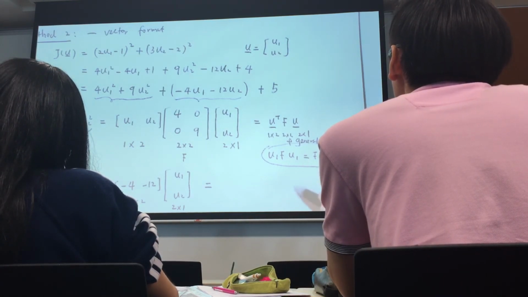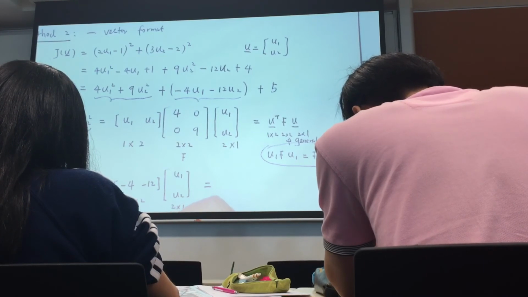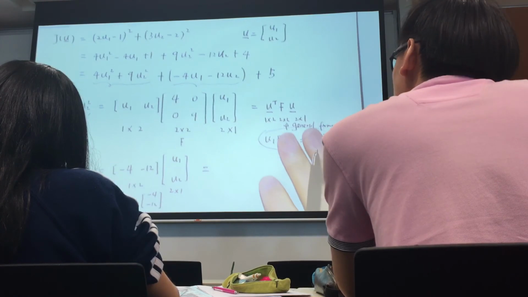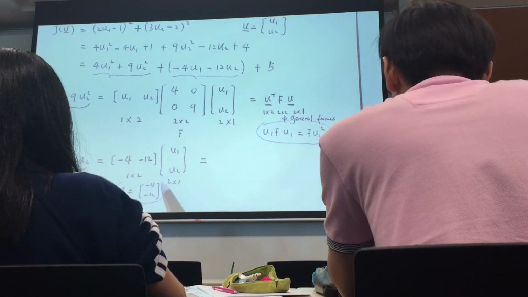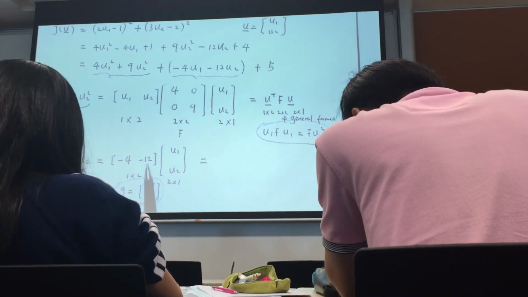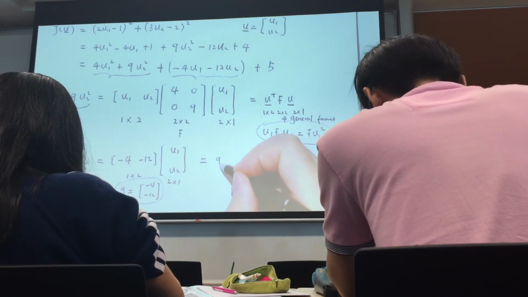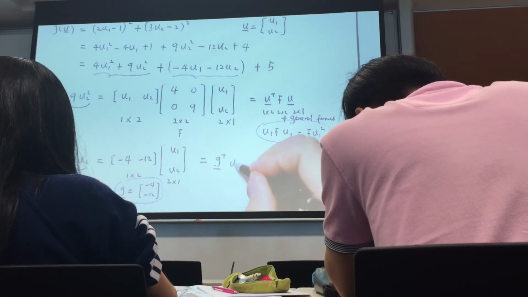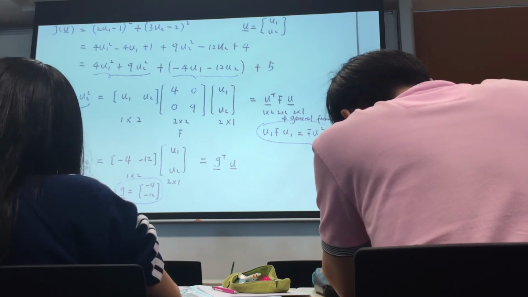Because we typically use column vectors, I just define this J to be minus 4, minus 12. So I define a new vector in this format. So here we have J transpose multiplied by u.